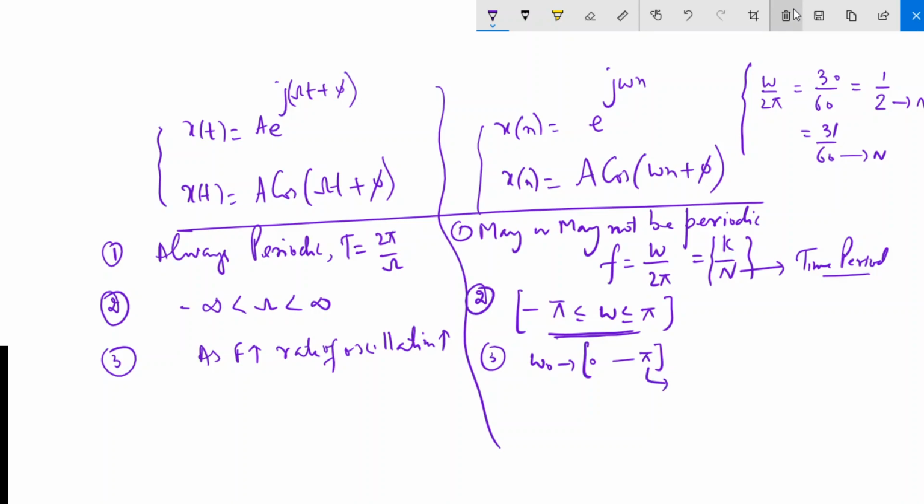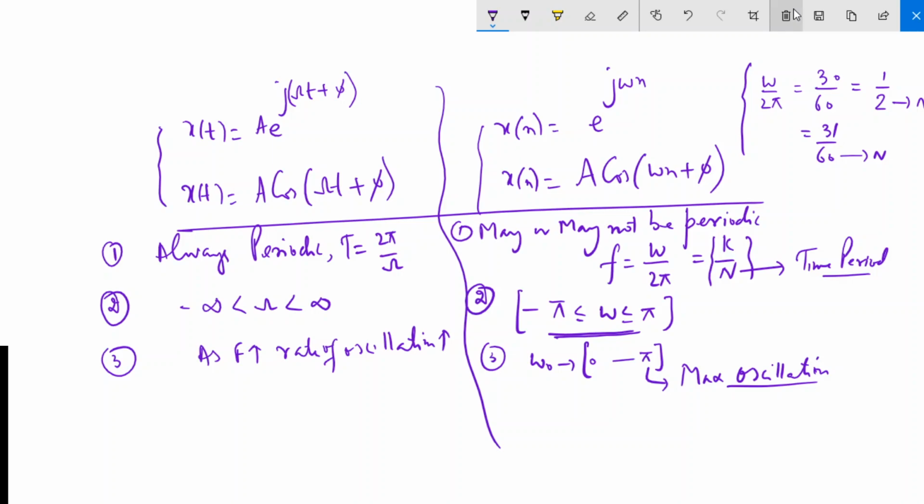At pi you are getting the maximum oscillations or maximum frequency. If you go beyond pi, the frequency keeps increasing, but the rate of oscillation starts decreasing till you get 2 pi, which is again equal to omega is equal to 0.